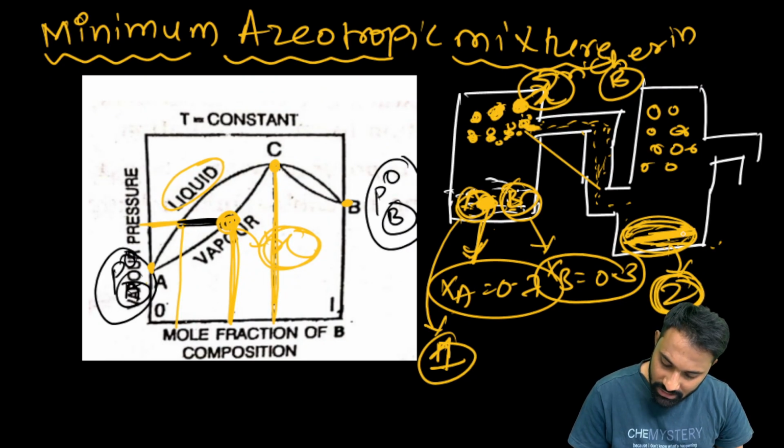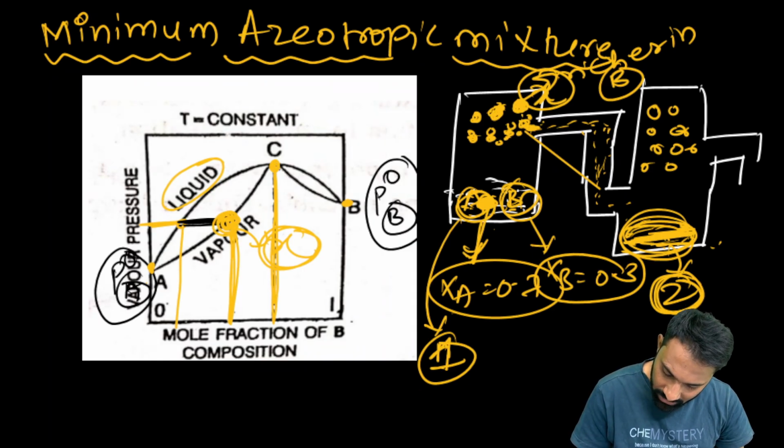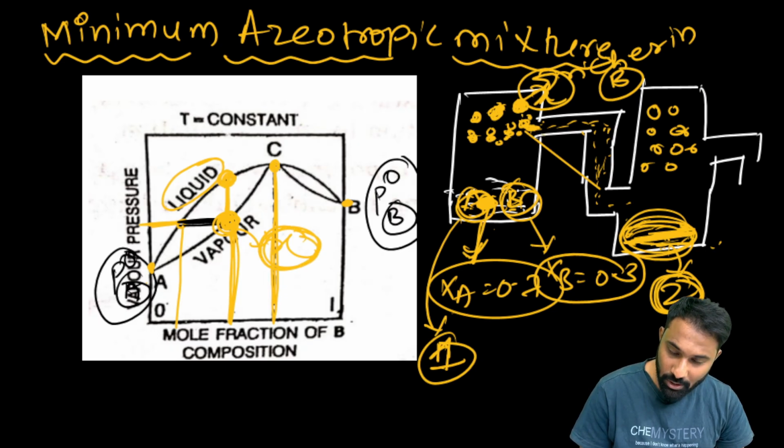Then what is the mole fraction of this one, when this gas has converted into liquid? Now the liquid composition curve is this one. This is the liquid composition curve of X. This is X vapor. When it has reached compartment 2, I want to calculate its mole fraction in the liquid phase.